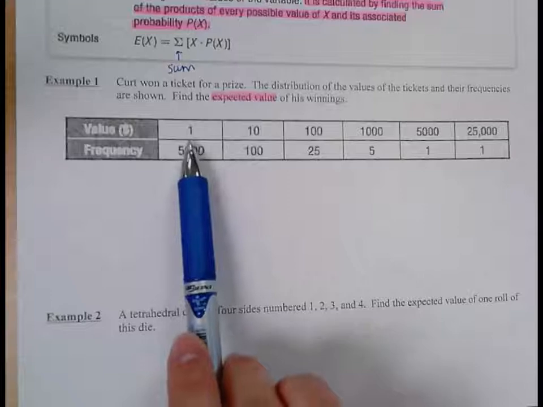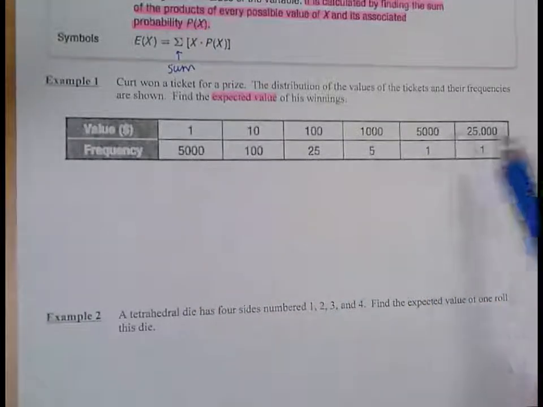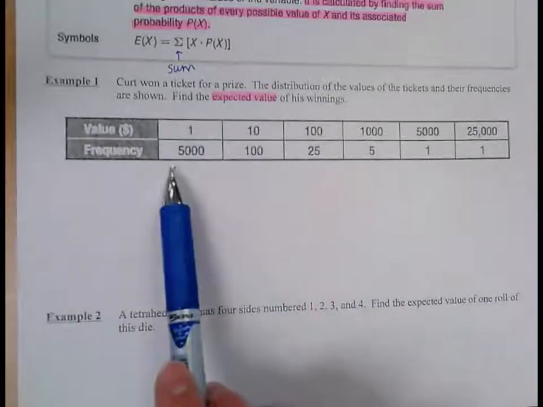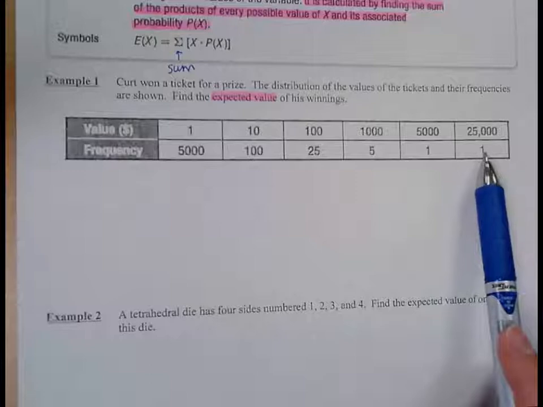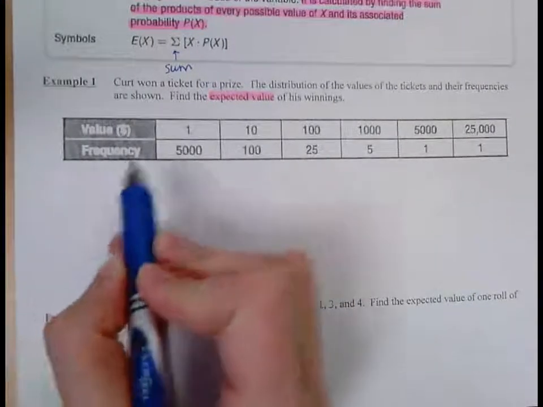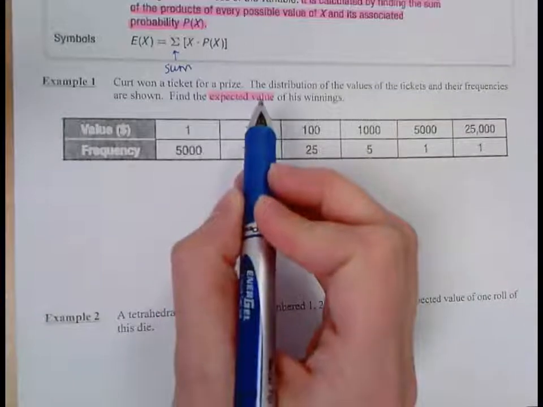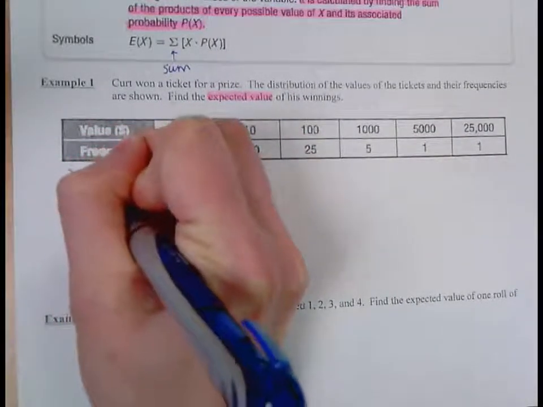So you could win $1, $10, $100, $1,000, $5,000, or $25,000. This is the frequency of each value's occurrence. So what we would need to find before we're able to calculate the expected value is the probability of each value.